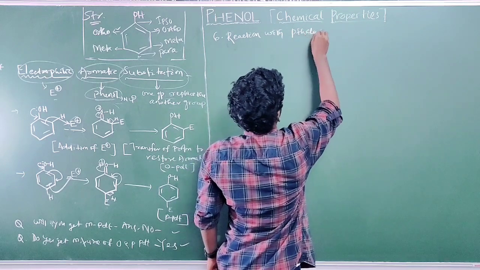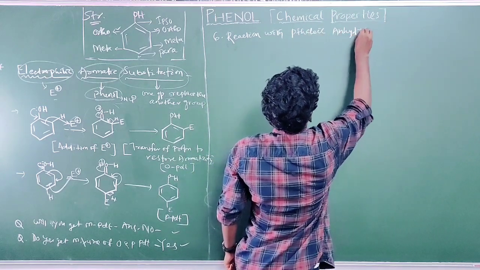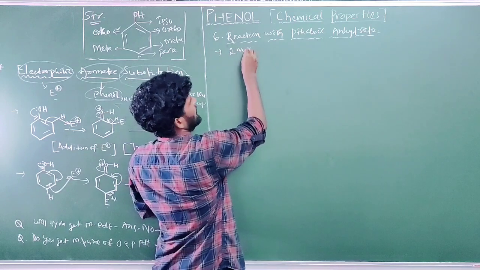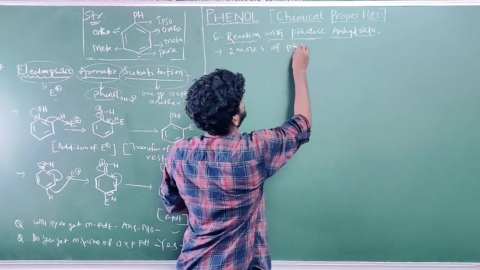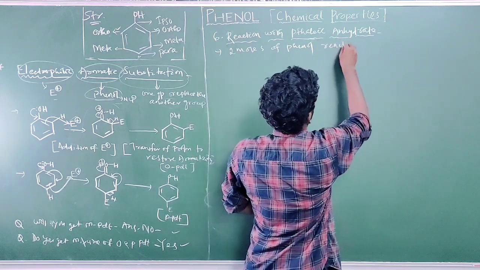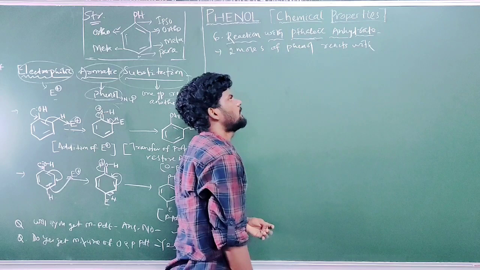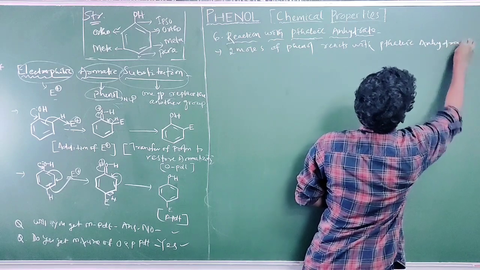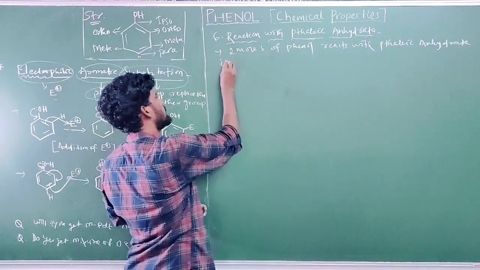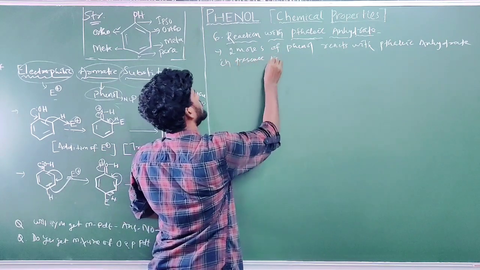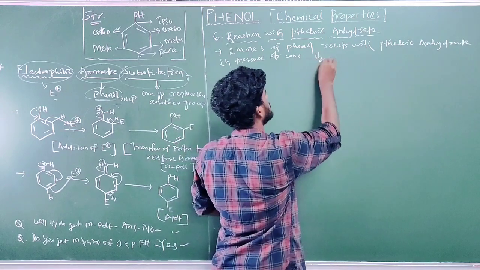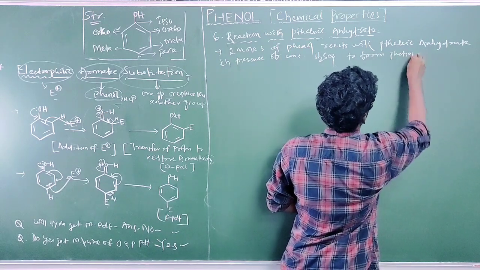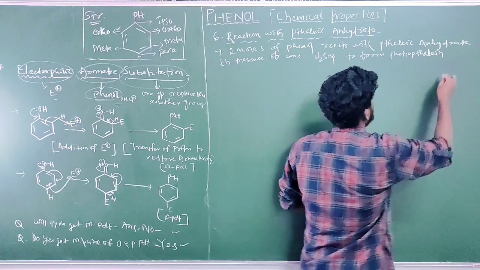Here we use 2 moles of phenol, which react with phthalic anhydride in the presence of concentrated H2SO4, sulfuric acid, to form the phenolphthalein indicator.